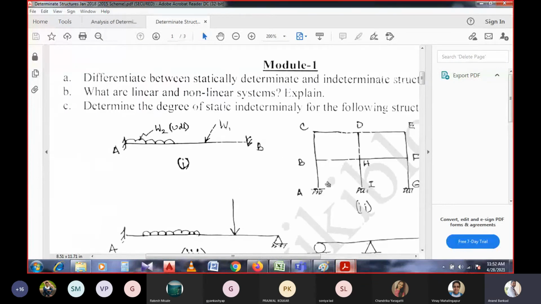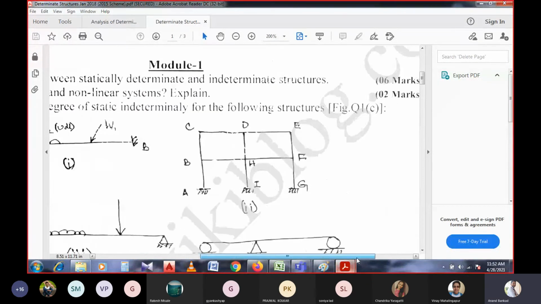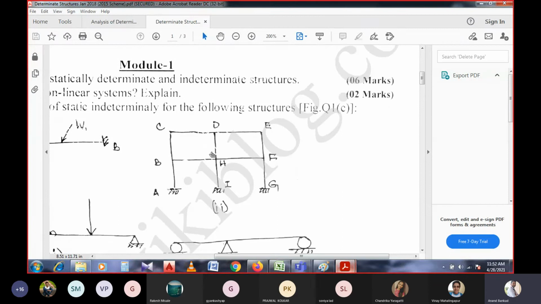the same question I think we have considered over here. For this beam, for this structure I am considering, how many reactions are there in this structure? How many reactions are there in the structure that is framed one? No, there are three supports.